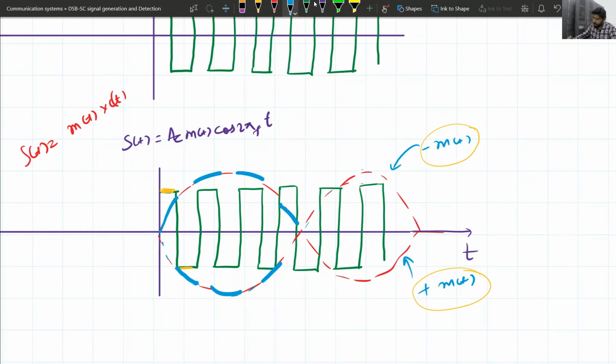Similarly, plus MT and then minus MT, plus MT, then minus MT, plus MT, minus MT, and so on.